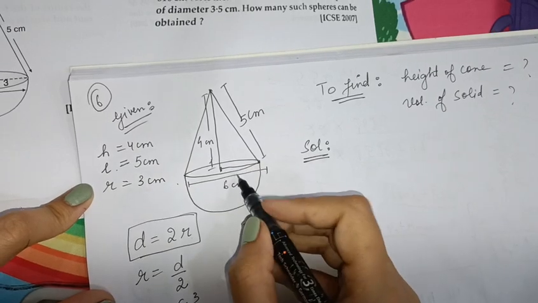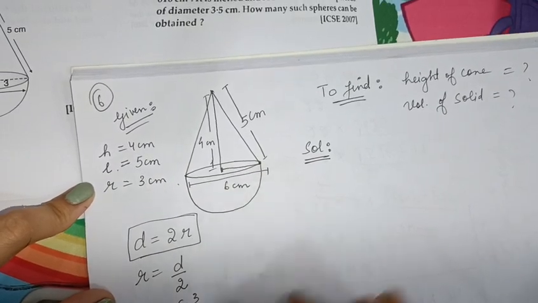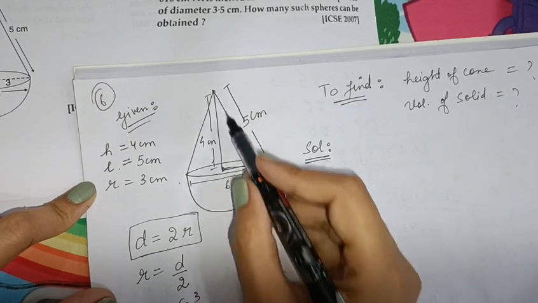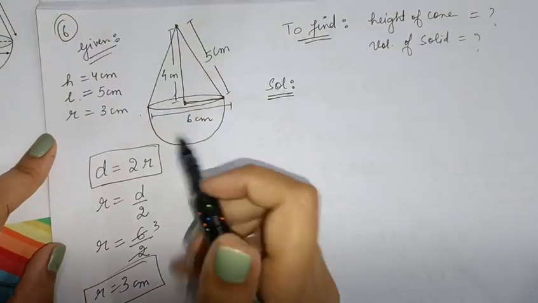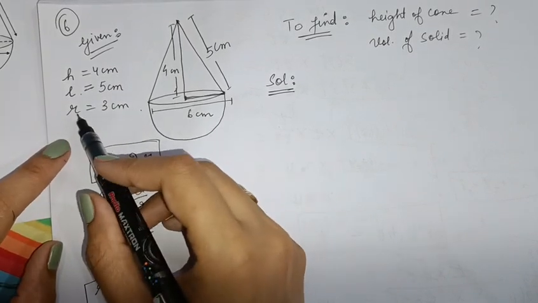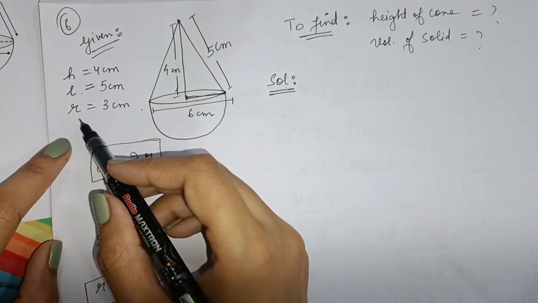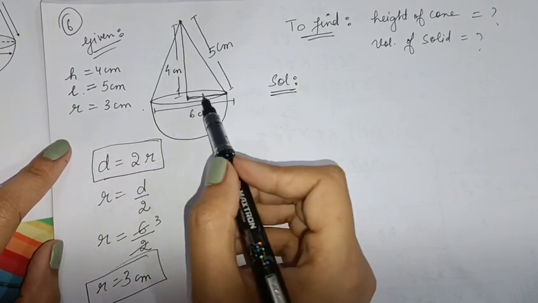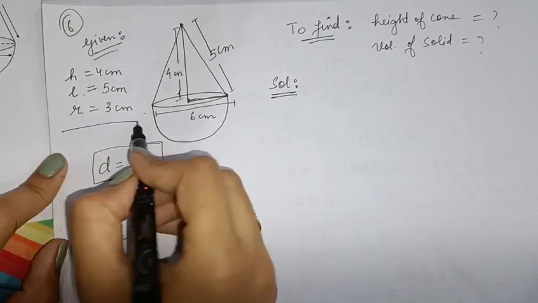Don't take it as 6 because 6 is the diameter. Just now I have shown you the radius is 3. So radius 3 is for the cone as well as for the hemisphere. I am not going to write R1 and R2 separately. One R only I am writing because both the radii are the same.